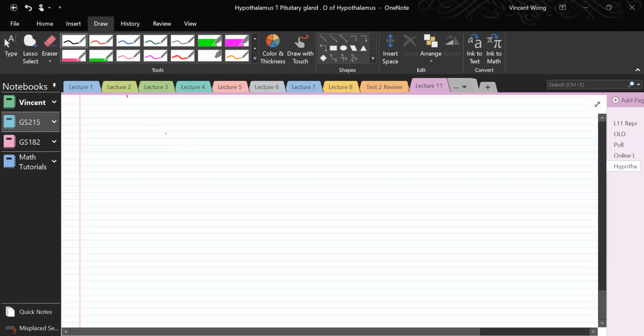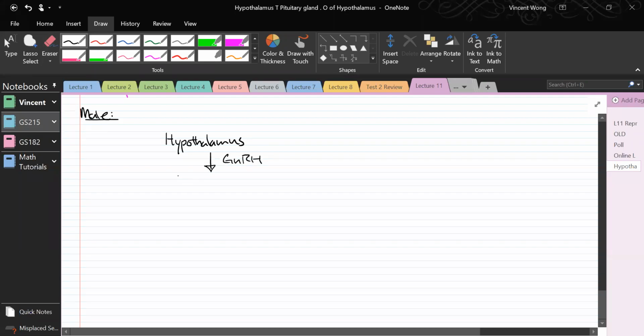So we start with the hypothalamus again. And this is the male reproductive system. The hypothalamus will secrete GnRH. The guys also have GnRH, right?